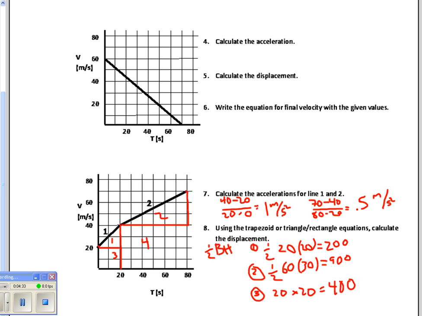And my last rectangle has a base that goes from 20 to 80, so it has a base of 60. It has a height that goes from 0 to 40, so the height is 40. So you have an area there of 2,400.